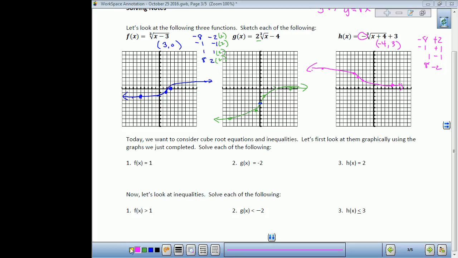Alright, so now let's take a look at all of these. Where is this function equal to 1? It's right here. I didn't plot that point for some reason. What is the x value right there where that function equals 1? 4.